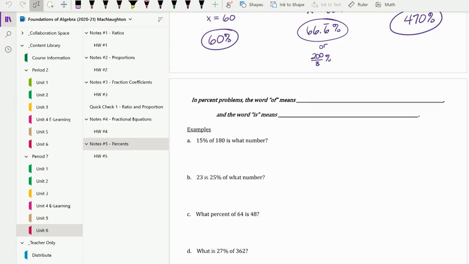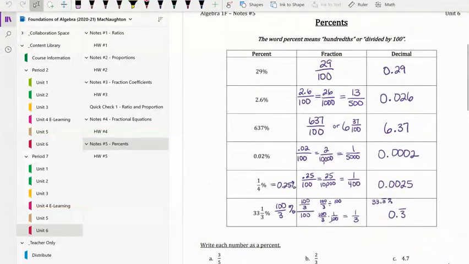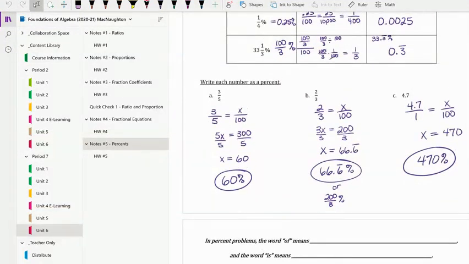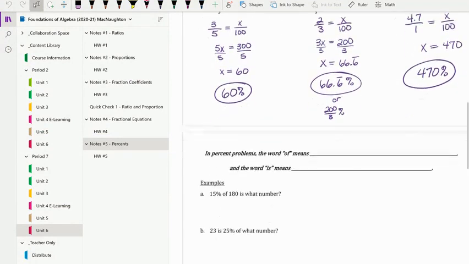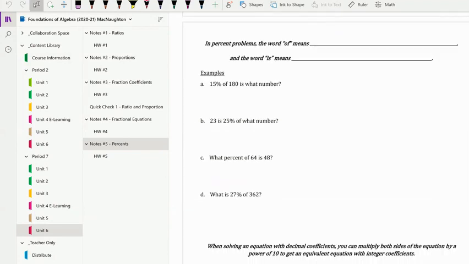All right, so to finish off the percent problems, like I said, we went through changing percents into fractions and decimals, and then writing a fraction or a number as a percent. We can use proportions to do that, right? A lot of times, the other thing we're always looking to do is find a percent of a certain number, or maybe I want to know what percentage something is of another number.